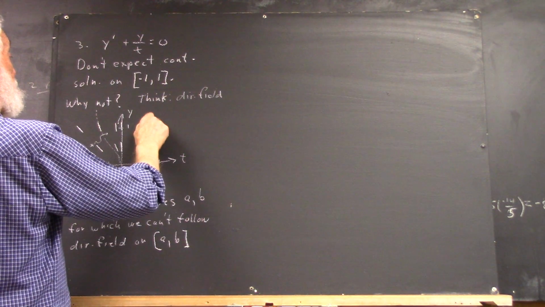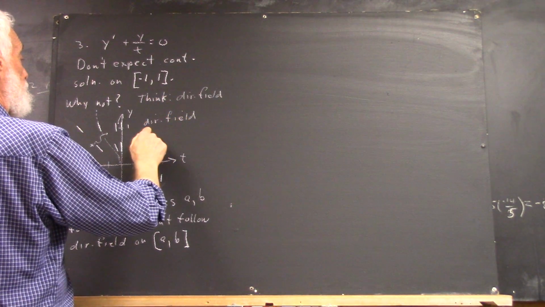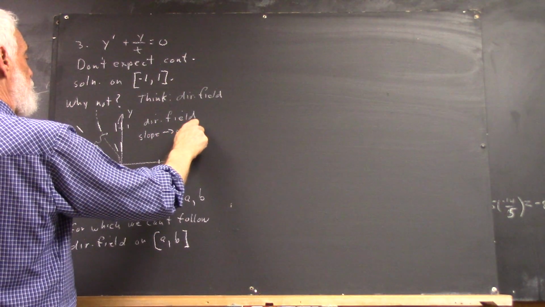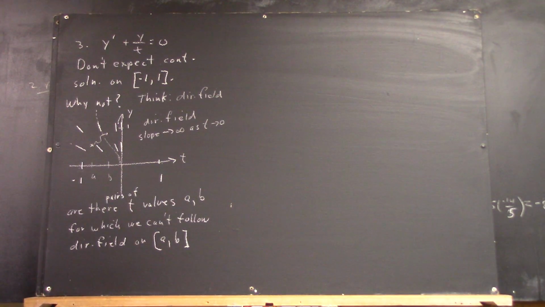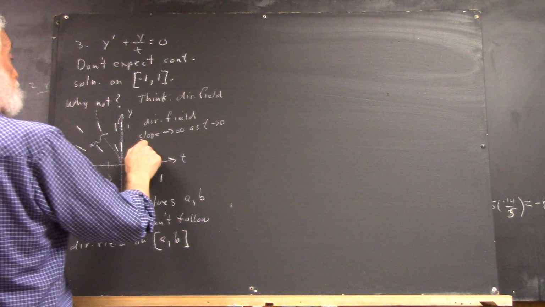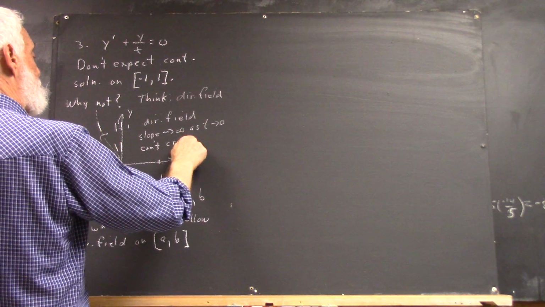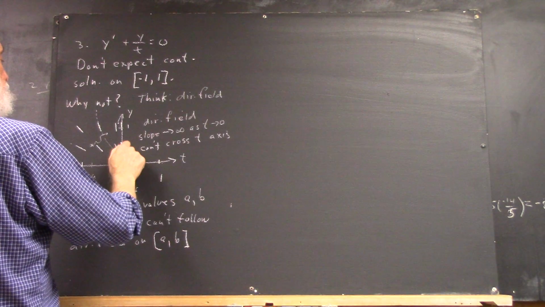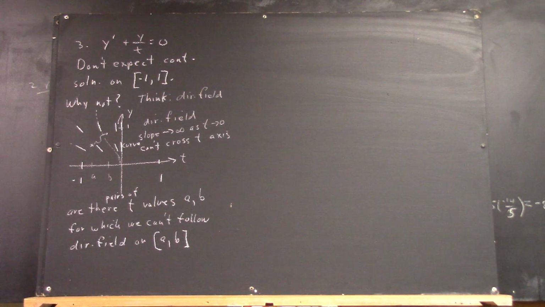So the slope approaches infinity as t approaches 0. So your solution curve can't cross the t-axis, okay?